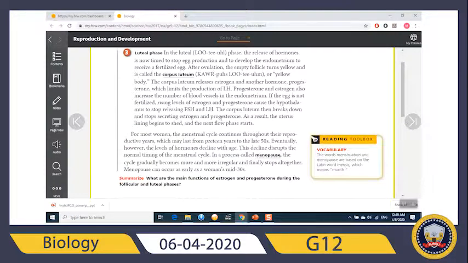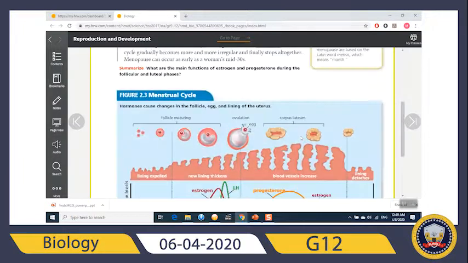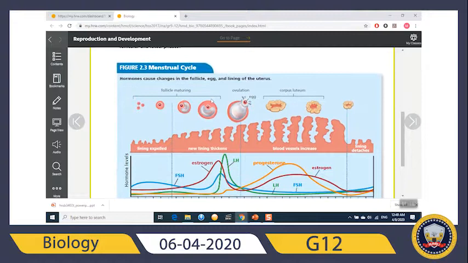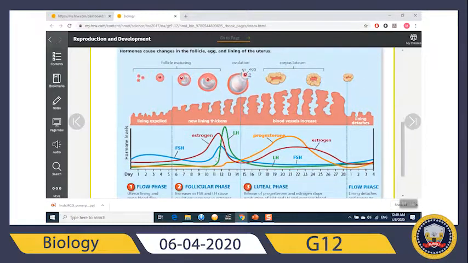If fertilization does not occur, the corpus luteum breaks down and stops secreting estrogen and progesterone, then the uterus lining begins to shed and the next flow starts. So let's see it together here. We have the flow phase, follicular phase, luteal phase, flow phase.